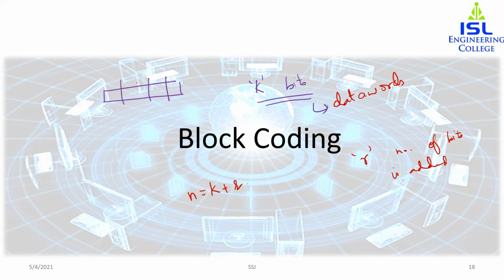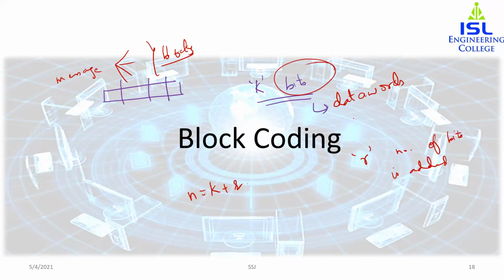If you remember, our message was divided into blocks. And what is the size of the block? The size of the block is k bits. Now to this k bits, we are adding r number of bits. So n is equal to k plus r. The total size of the block is n.